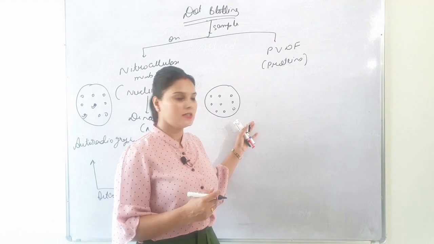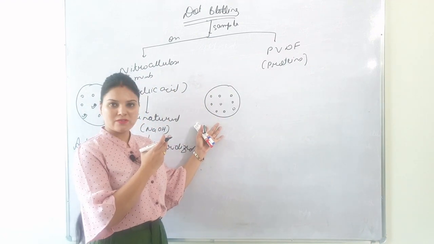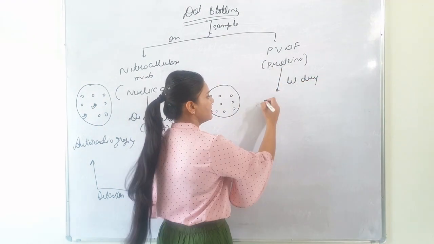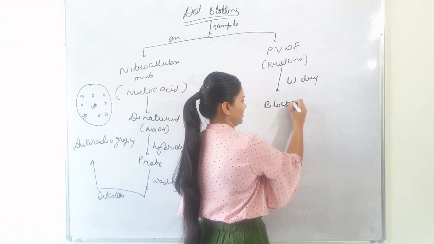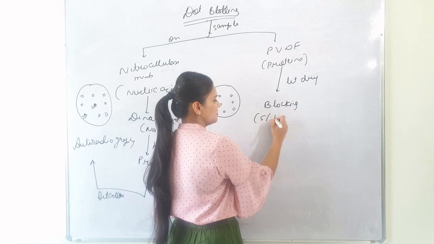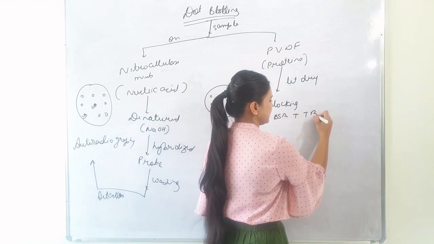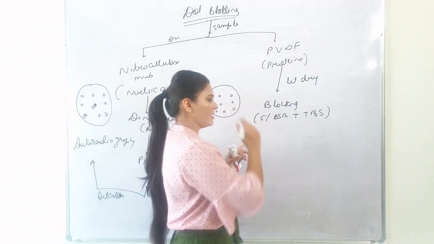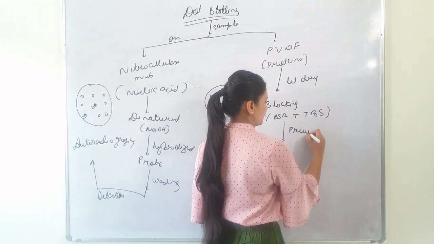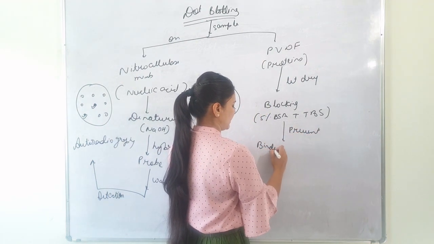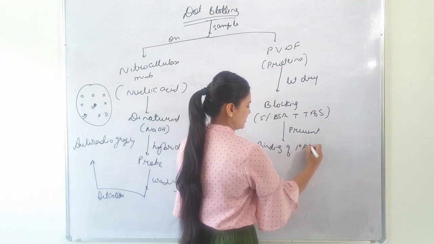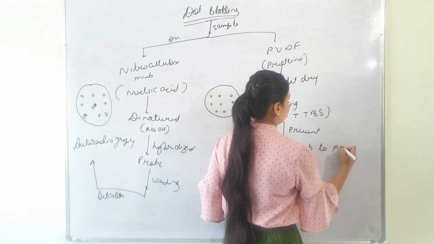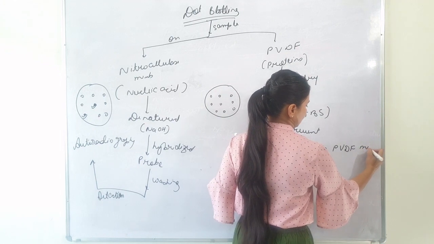And in the case of protein, after loading the sample on the PVDF membrane, we let it dry, and then we apply a blocking step with 5% BSA plus TBS to prevent binding of the primary antibodies, which we are using as probe, to the PVDF membrane.